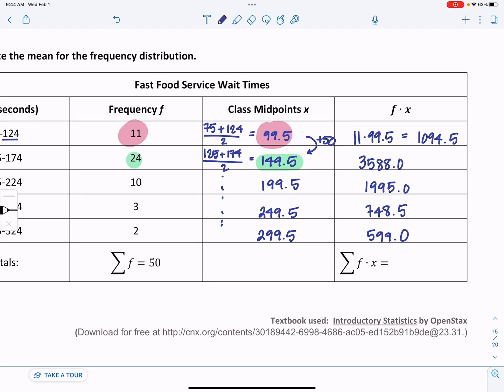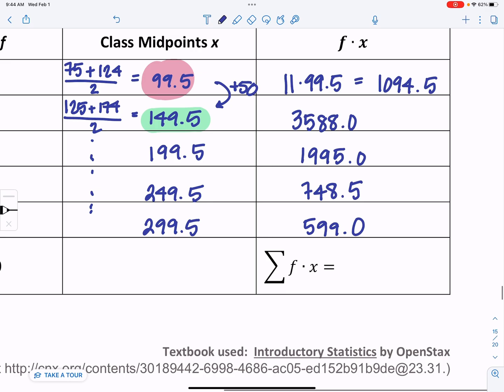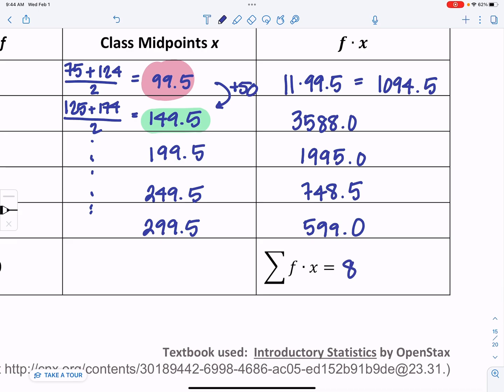If I add all of those up, everything in my last column, my sum is 8,025.0.